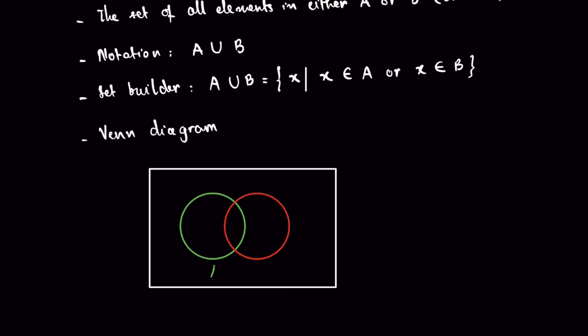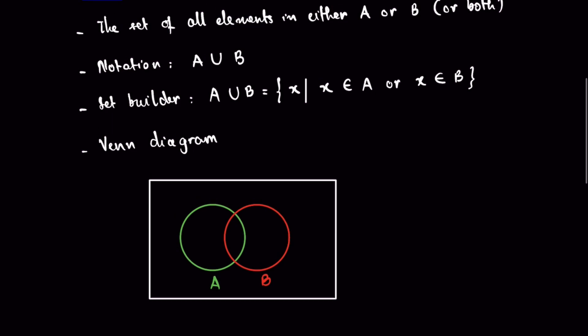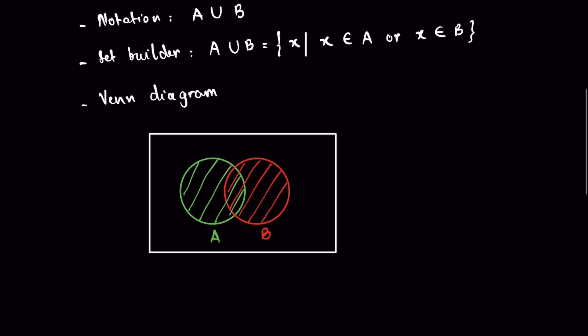So this is A and this is B. So by definition, the union is the set of all elements in either A or B. To visualize the union set operation is to shade the area for the set A and shade the area for the set B to indicate that we want to include all elements in either A or B. So this is going to be A union with B.